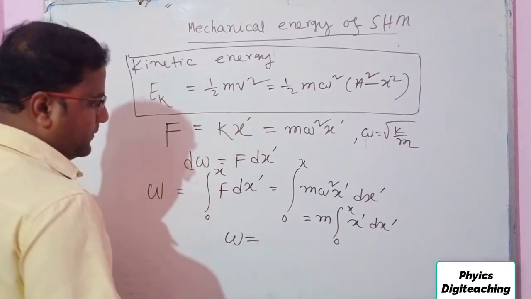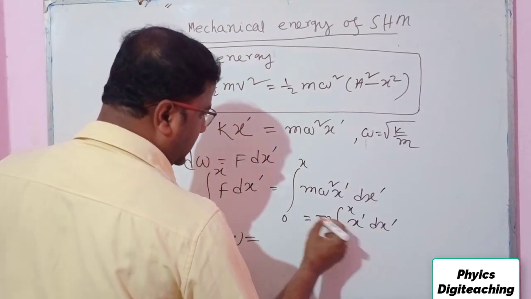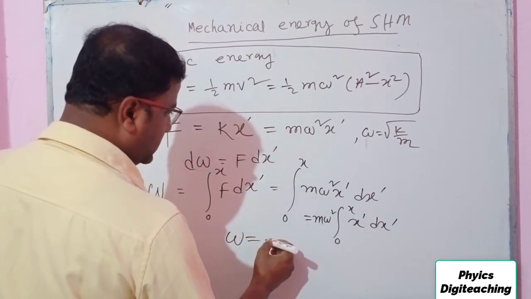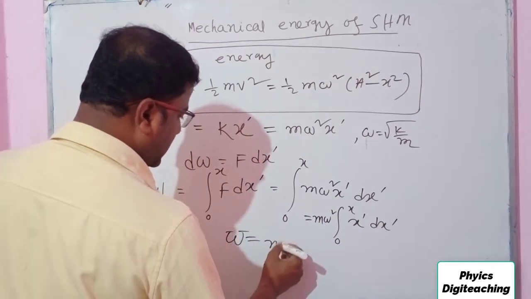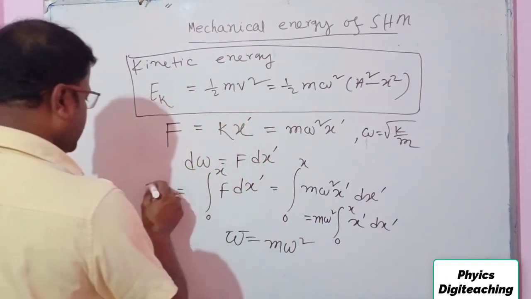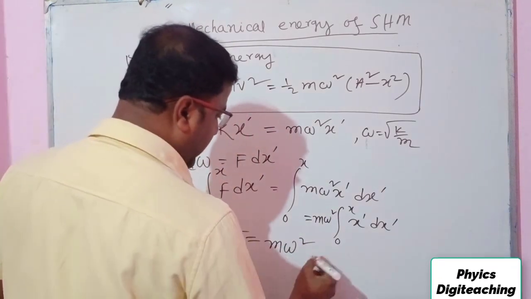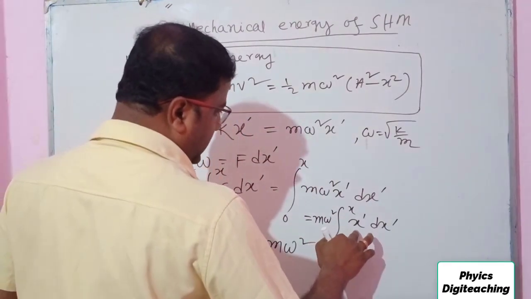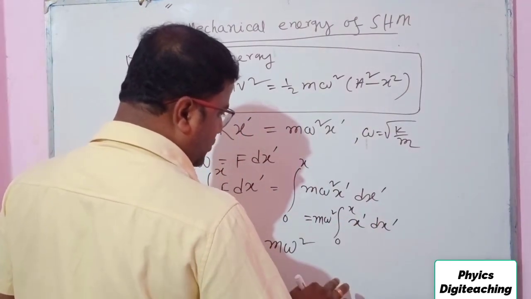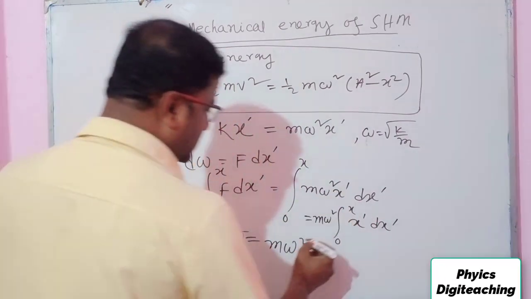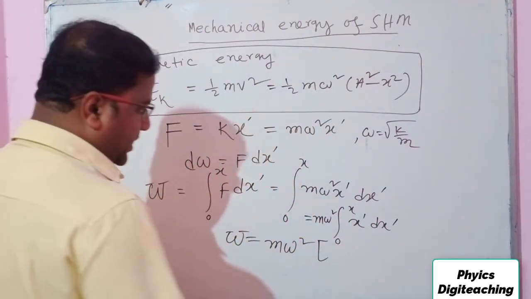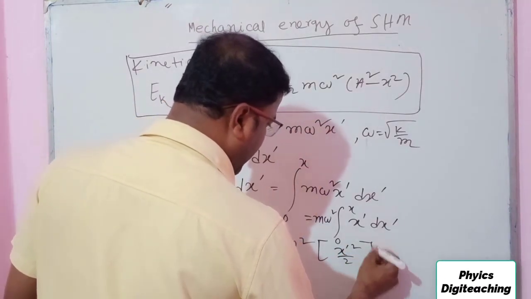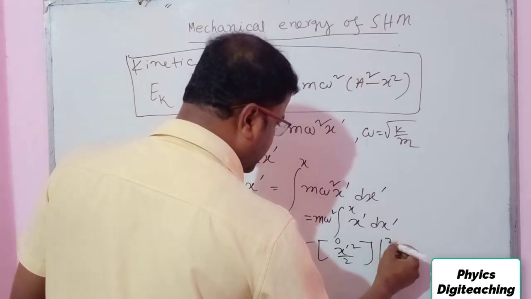So W equal to m omega square times the integral. If we execute this integration, I get x dash square by 2, and if we put this limit, okay, I am performing step by step. x dash square by 2, the limit runs from 0 to x.